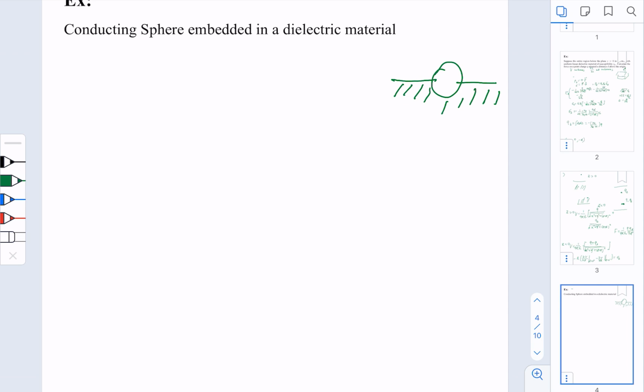Because it goes right through the center, this problem has azimuthal symmetry, and if you define the origin at the center, then you can use spherical coordinates to solve this problem. For this kind of system, we can immediately write down the general solution: a sum over all these L's, A times r to the L plus B.